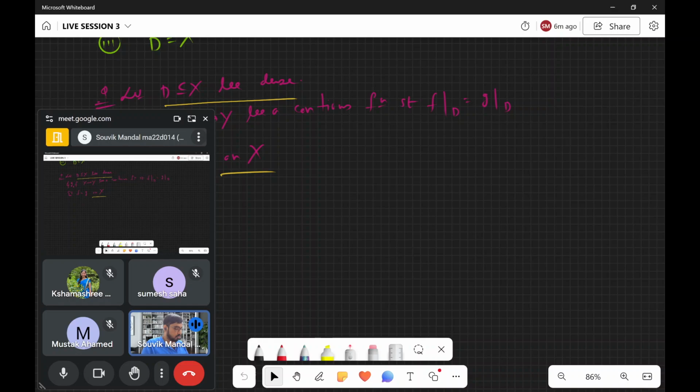Okay. So now take x. Now since x is in the closure, there exists a sequence xn that converges.